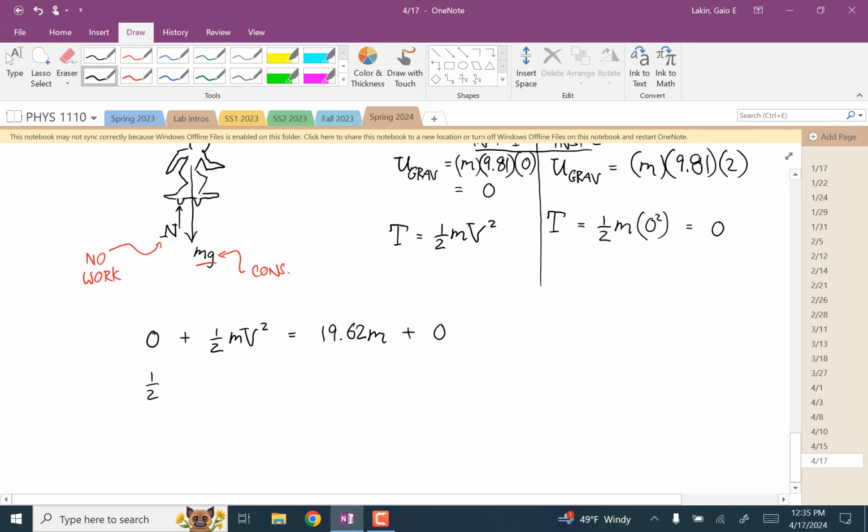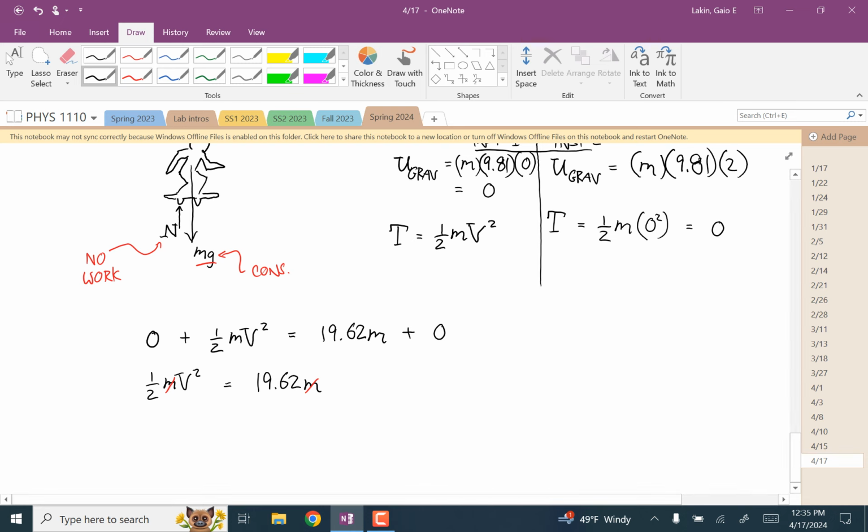So 1/2 mv squared is equal to 19.62 m. Now you can divide m from both sides, and those cancel out, meaning that the answer we're going to get doesn't depend at all on the person's mass. It would be the same for a 250-pound person as a 50-pound person.